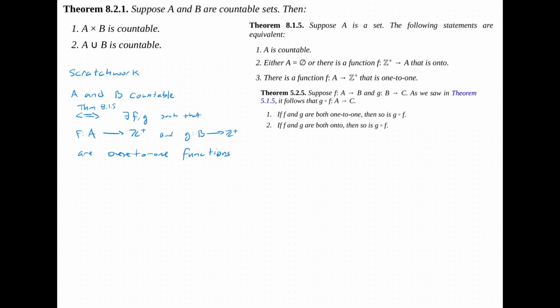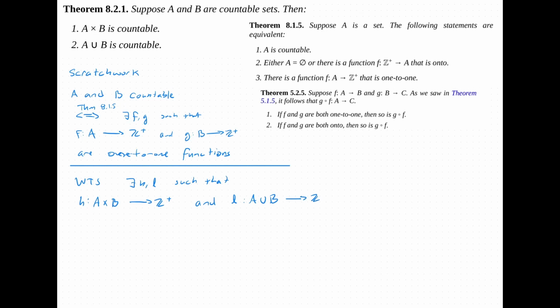Okay, so with that in mind, what we want to show is that there is some function h and g. Actually, we already used g, so let's use L, such that h is a function going from the Cartesian product of A with B to the positive integers, and L is a function going from A union B to the positive integers, and these two functions are also 1 to 1.